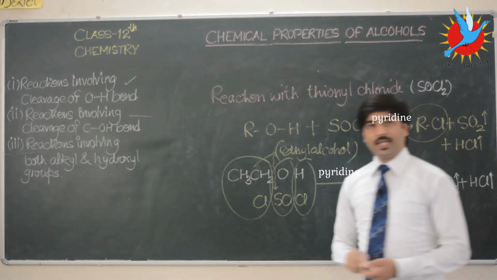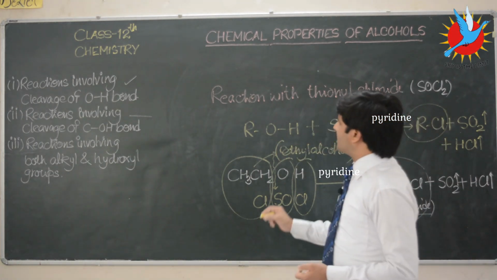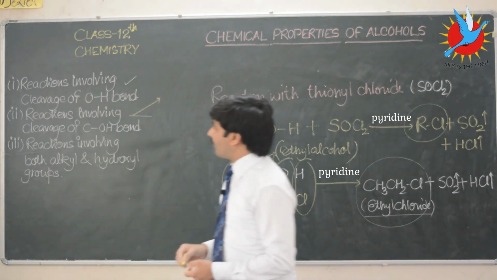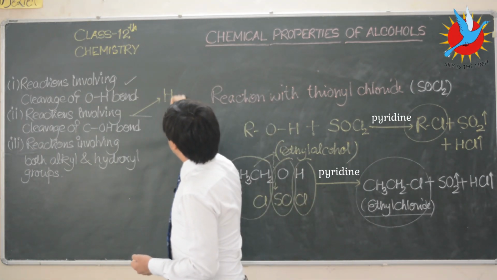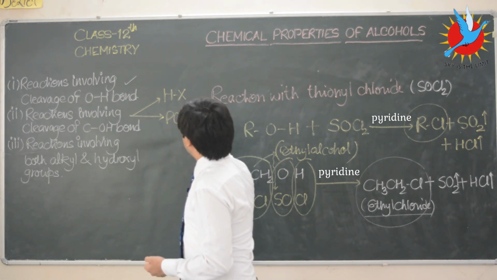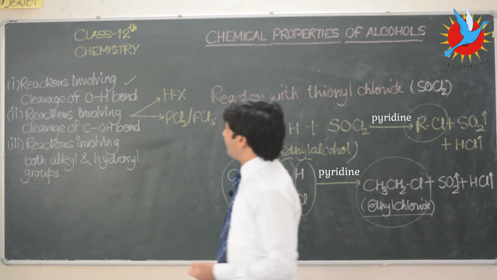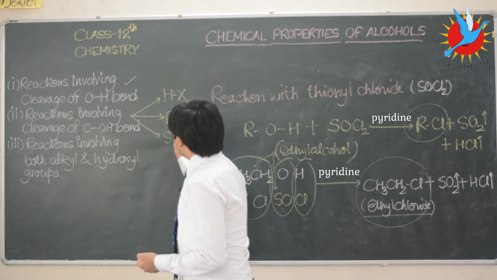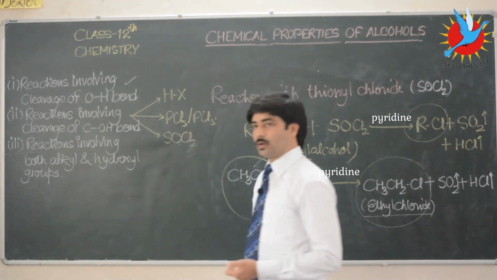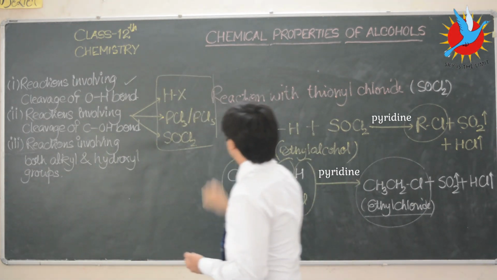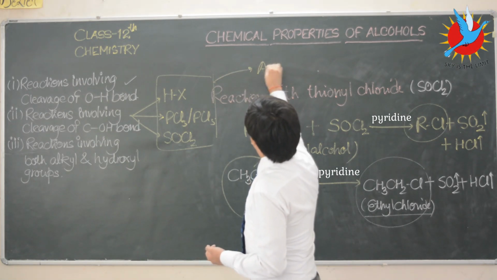So we have three reactions in which the C-OH bond gets broken down: reaction of alcohol with HX, reaction of alcohol with PCl3 or PCl5, and reaction of alcohol with SOCl2, that is thionyl chloride, and all the time we have the product that is alkyl halide.